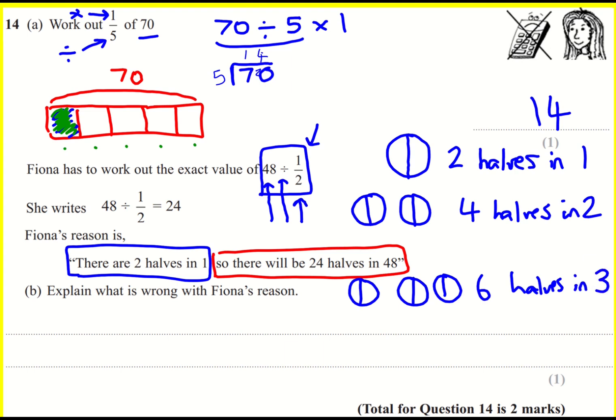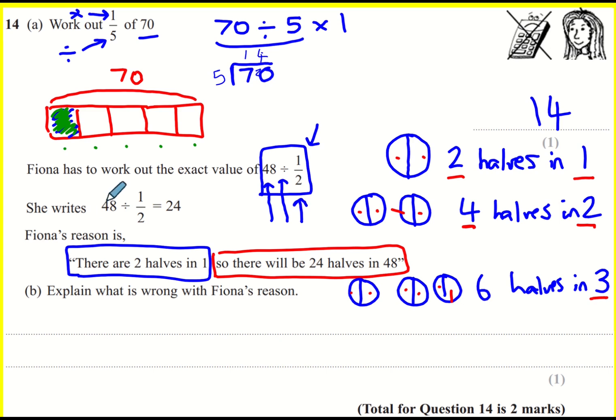So what are you actually doing? Well, in one cake, there's twice as many halves, because you're doubling it, since we're talking about halves. In 2 cakes, there are double that in terms of the number of halves. In 3 cakes, there are 6 halves. 1, 2, 3, 4, 5, 6.